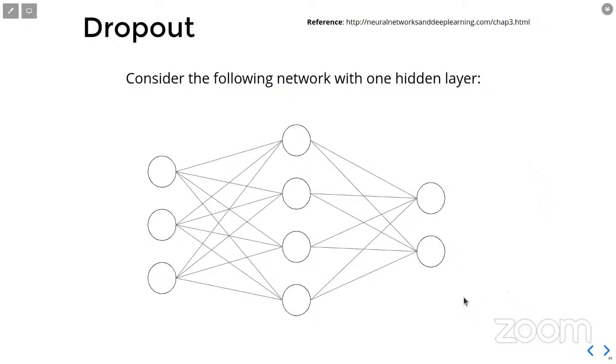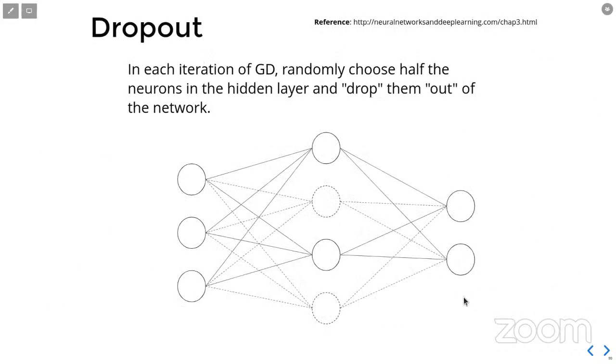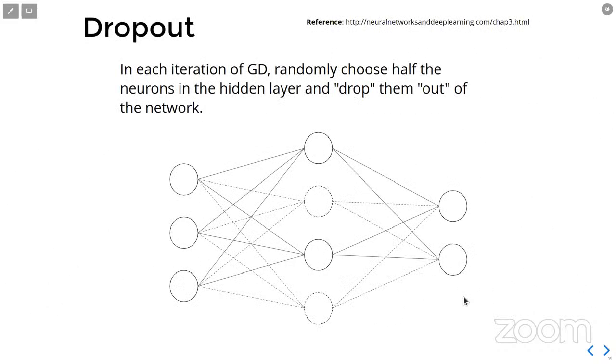Right. So in dropout, what happens is that you randomly drop a few neurons from a layer in every pass of gradient descent. It's as though those neurons did not exist at all. Okay, and then you train the network. You keep doing this.